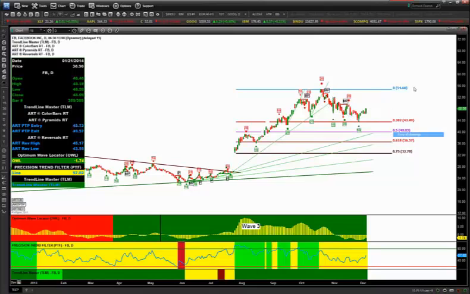So what do you do? Well, you go with a couple of things here. One is, let's assume this is a wave 4 bottom. We still have a negative owl, so we're not trading to the long side yet. PTF is neutral, so it's not hurting us. We've got a green trend line, so we're all set with that.